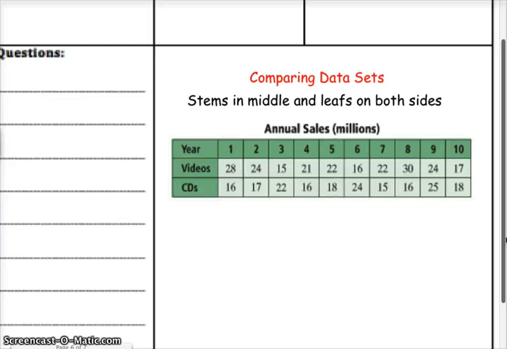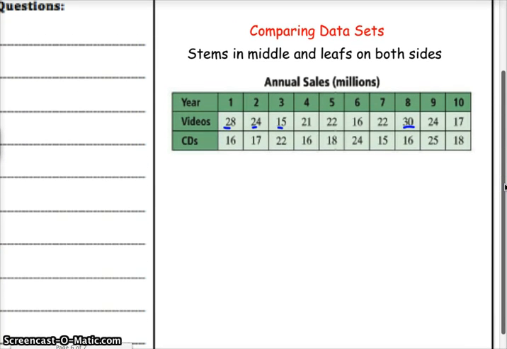So I want to determine what are my stems between my videos and my CD sales. Looks like I have things in the 20s, the teens. Oh, I have a 30? That's about it. So I have 1, 2, and 3. Normally I do it like that, but now I have 2.